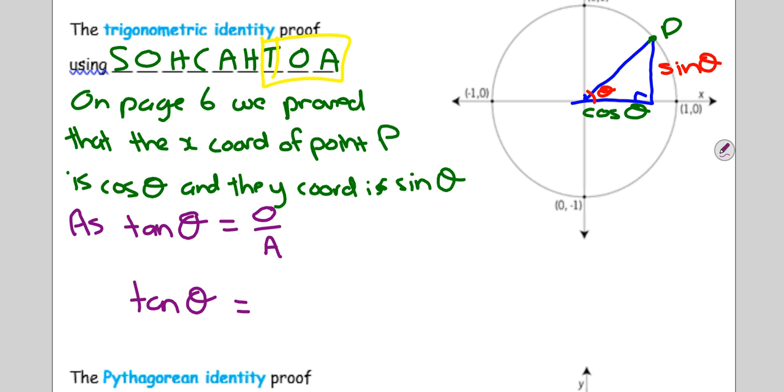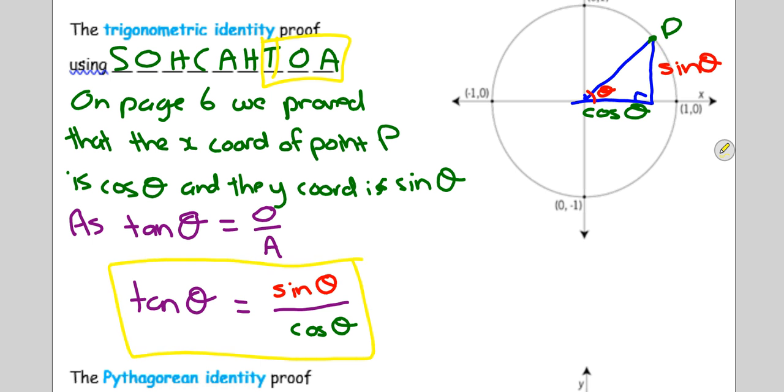Sine theta. And the adjacent is cos theta, exactly. So that's a quick little proof. It's just using SOHCAHTOA. And in a way, because we've already proved that this is sine theta and this is cos theta, I didn't include that, because we already proved that on page 6.